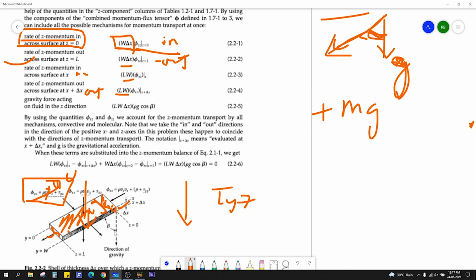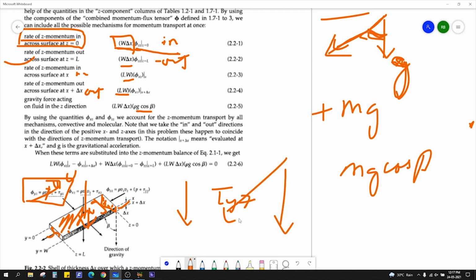If this angle is beta, the component of gravity in this direction is g cos beta. So basically m into g cos beta, because g is always downward.